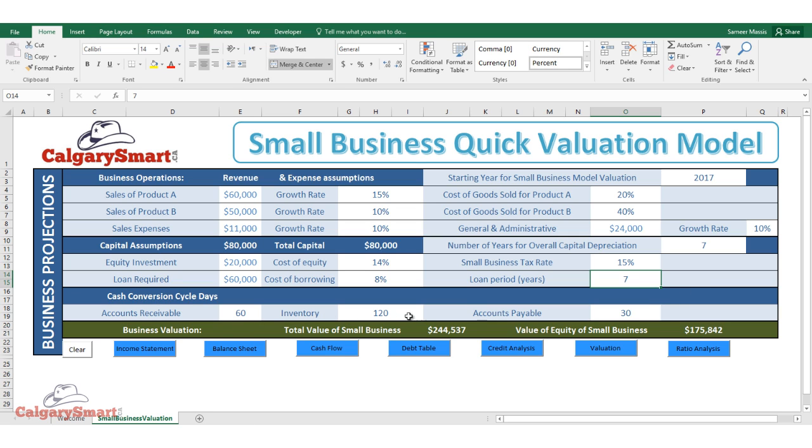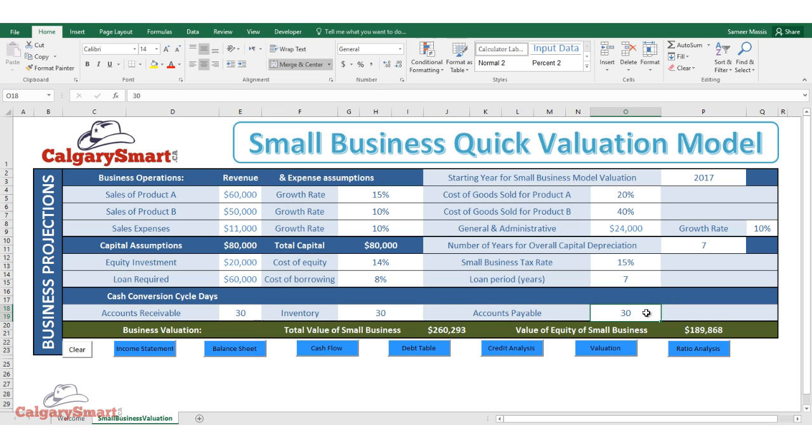You can also see how the other parameters can change the value of the business, such as changing the cash conversion cycle days. So if the accounts receivable drops from 60 to 30, then the value of the business would increase. Similarly, if the inventory days decreases from 120 to, let's say, 60 days, the value of the business also increases, but somewhat slightly.